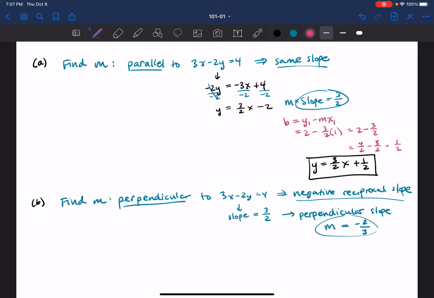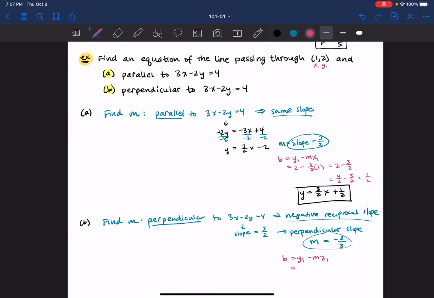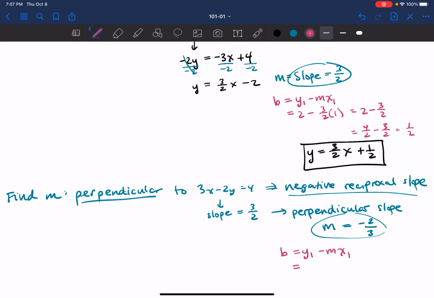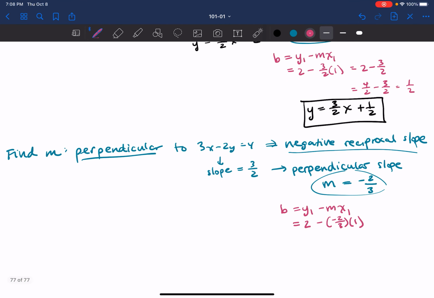Now we also need b. So y1 minus m times x1. It's the same point, 1, 2. So 2 is the y. We've got -2/3 for our slope. And x is 1. All right, so this comes out to be 2 plus 2/3.